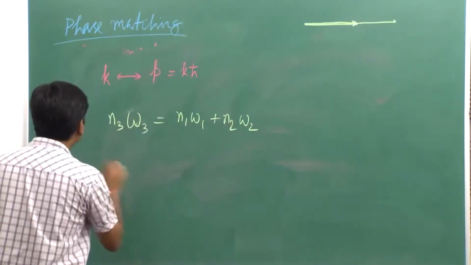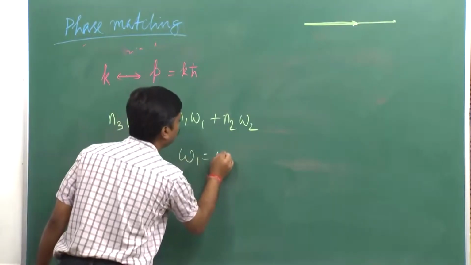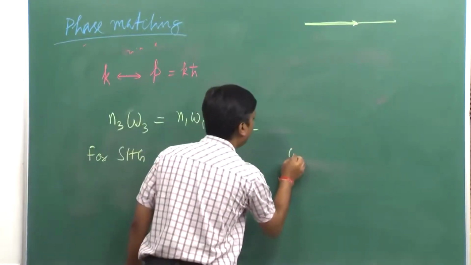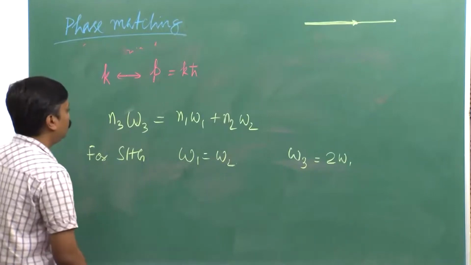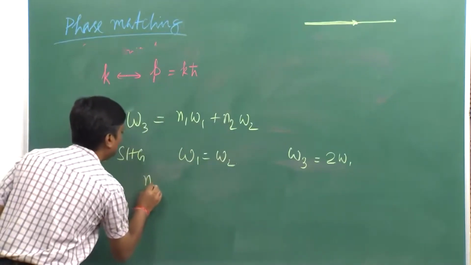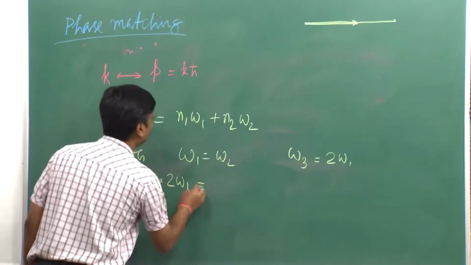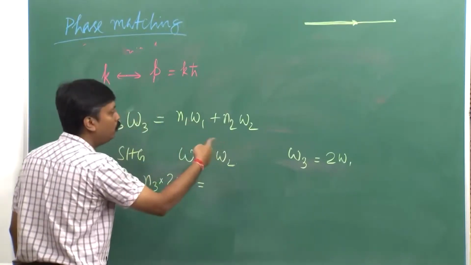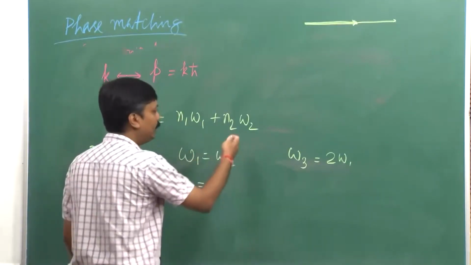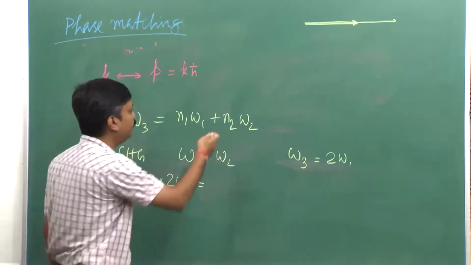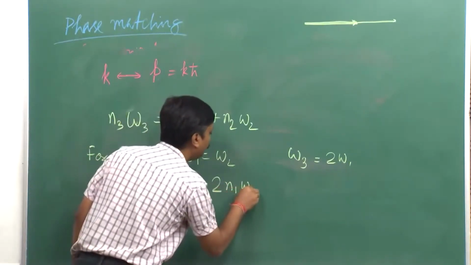Now for SHG, I have to have omega 1 equals omega 2, and also omega 3 equals 2 omega 1. So, if I put that, it is n3 into 2 omega 1 equals n1 omega 1 plus n2 omega 1, right. So n2 here will be n1 because I am considering the same frequency. For the same frequency it will face the same refractive index. So, essentially it will be 2 n1 omega 1.